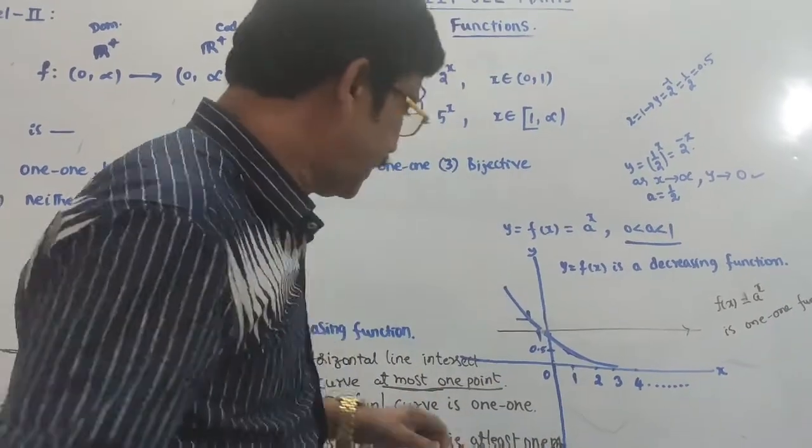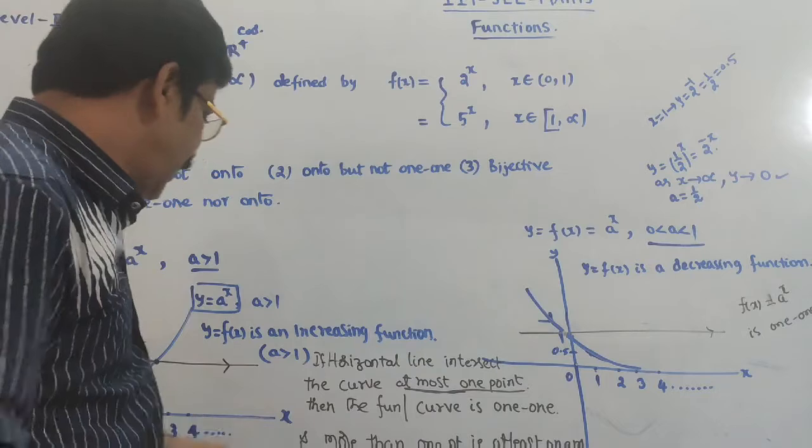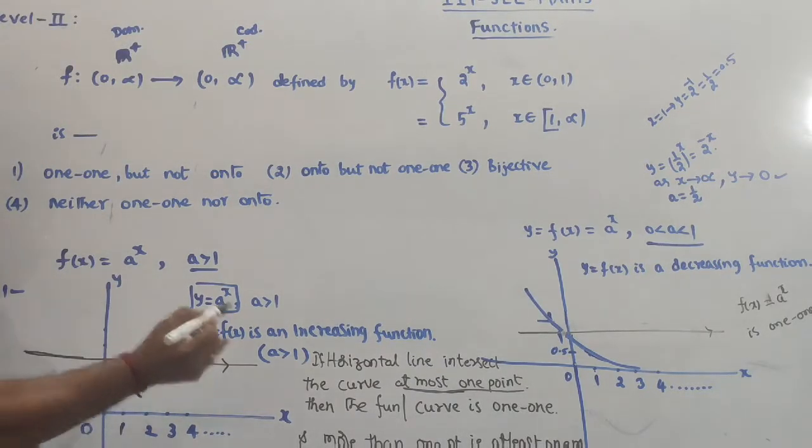Why? Because the horizontal line intersects the given curve at only 1 point. Here also only 1 point.